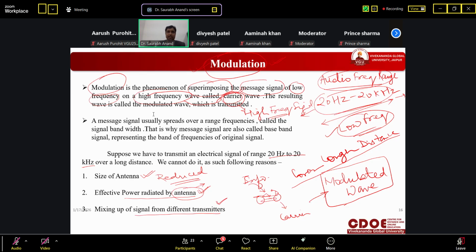Suppose you get a reservation. Reservation means the seat is fixed for you and nobody can sit on that seat, so whenever you go there, your seat will be vacant. Similarly, every transmitter or channel has a different frequency, and that frequency cannot be used by others. So mixing cannot happen. If we send all the signals at a time, all the signals can be separated because they have different frequencies.